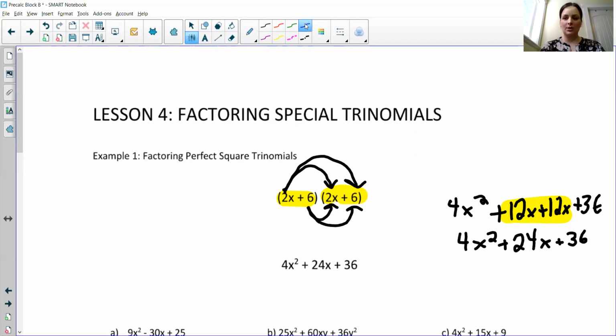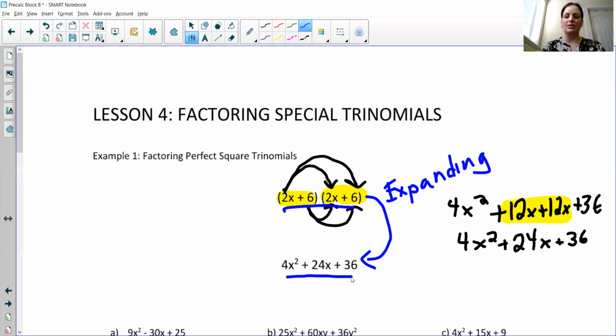So again, when we're doing this type of manipulation, we are using distributive law or arrow method or FOIL, whatever you want to call it. But really what we're doing is we're expanding. This is the exact same thing as this. It's just a different way of looking at it.